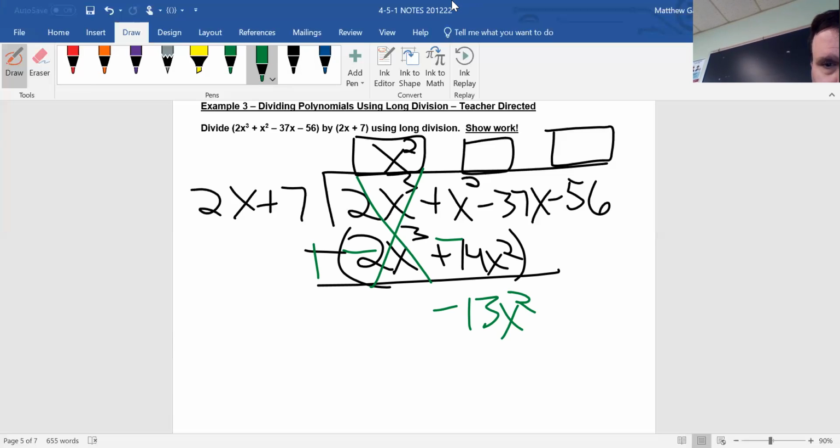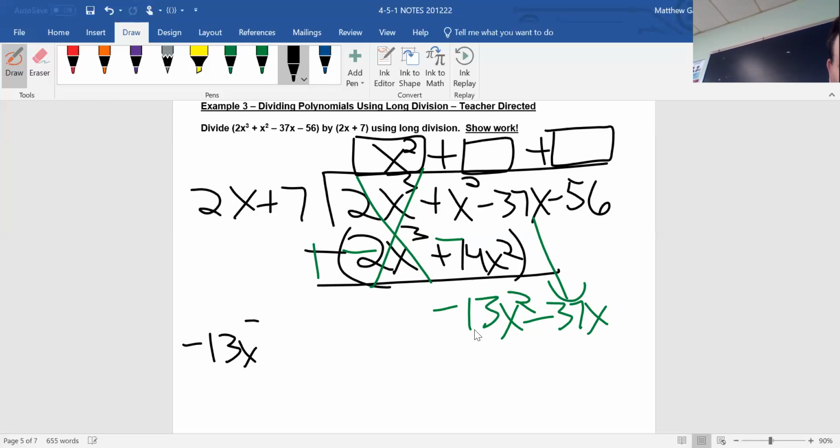And it's minus 37x. Now the next objective is to get rid of negative 13x squared.